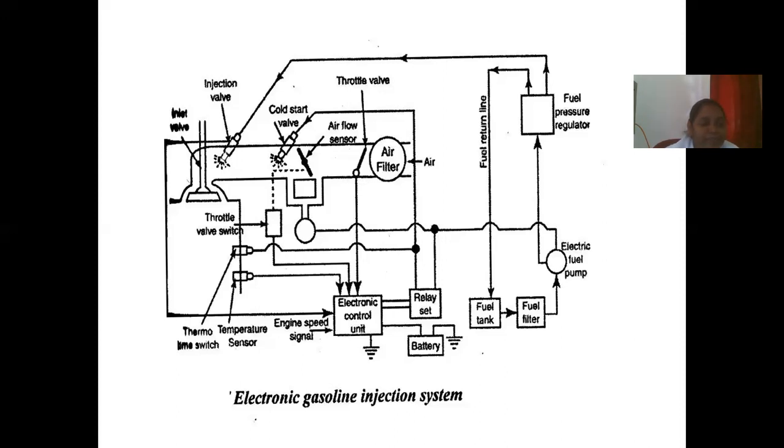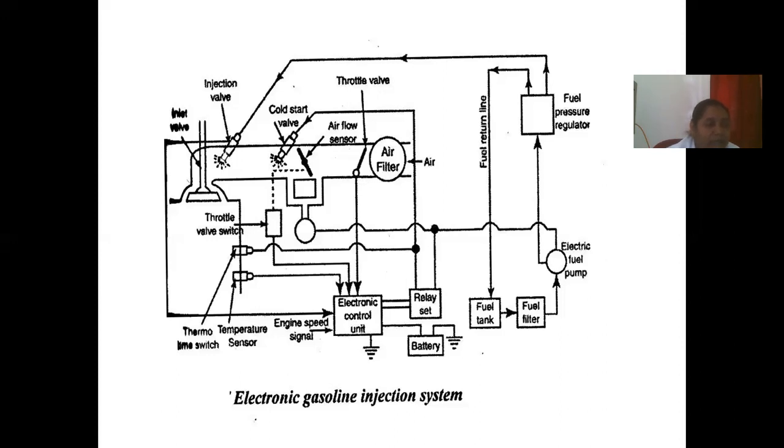Knock sensor. The knock sensor is a microphone-type sensor that detects the sound of knocking so that ignition timing can be determined. A cold start valve is fitted just behind the injector valve to inject additional fuel for cold start.